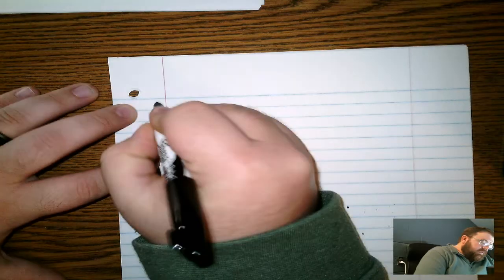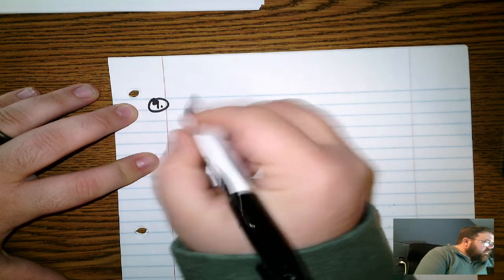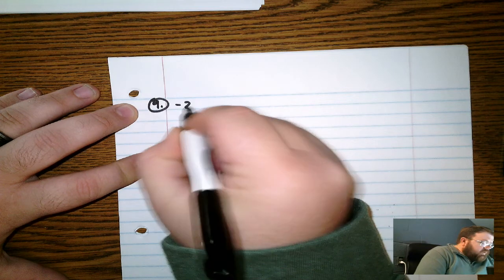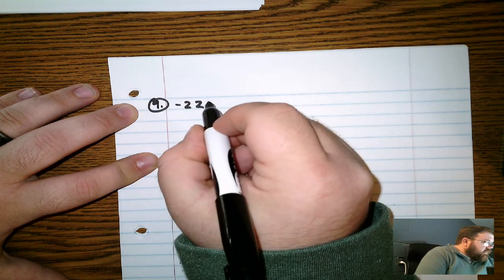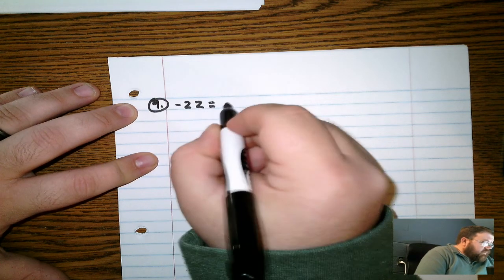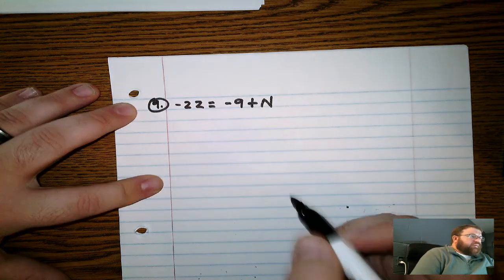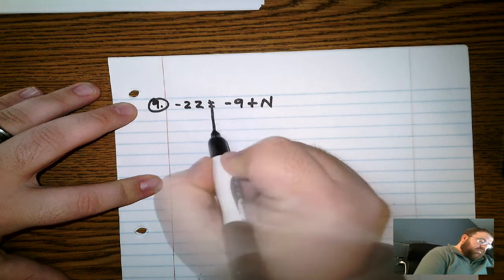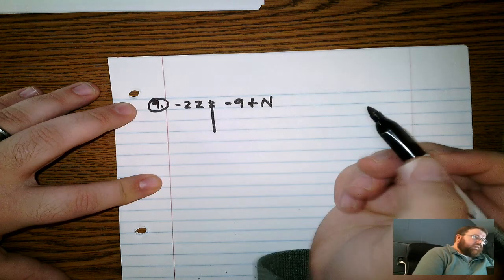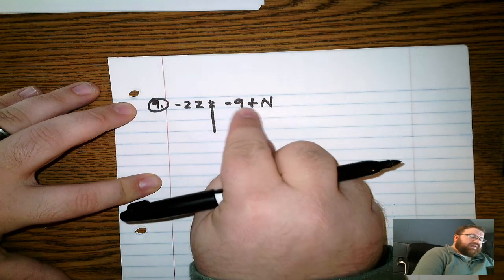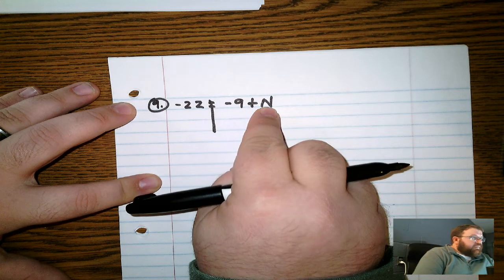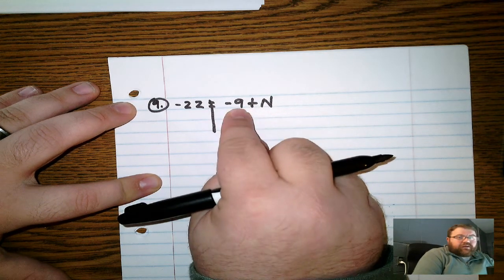Number 9 is negative 22 is equal to negative 9 plus n. Again, draw your line. Now this is a good example. The 9 is trying to add to n, but it's adding a negative 9.